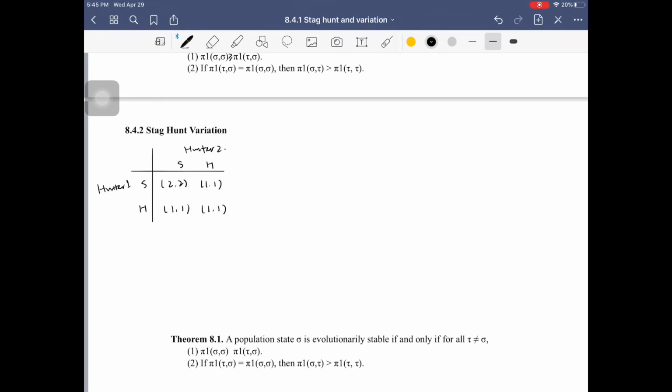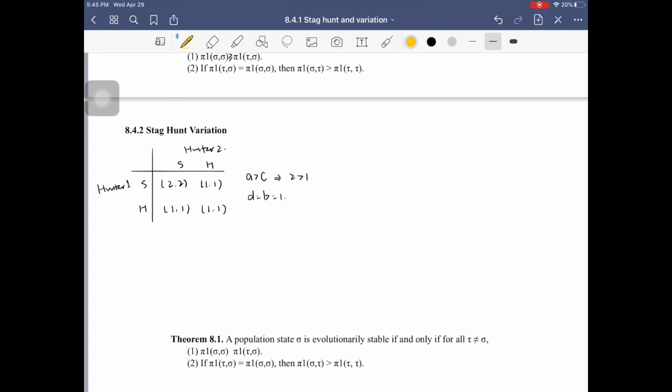So in this case, A is still bigger than C, which is 2 bigger than 1. But D is equal to B, which equals 1.